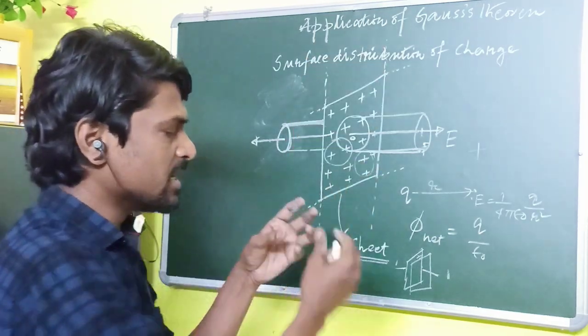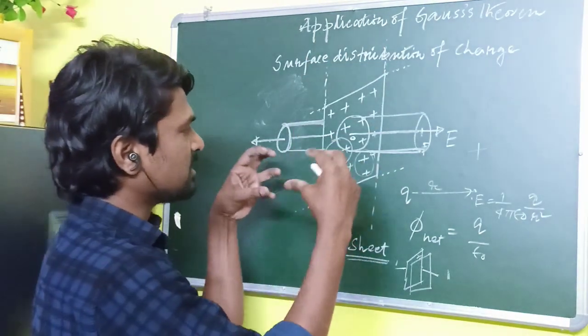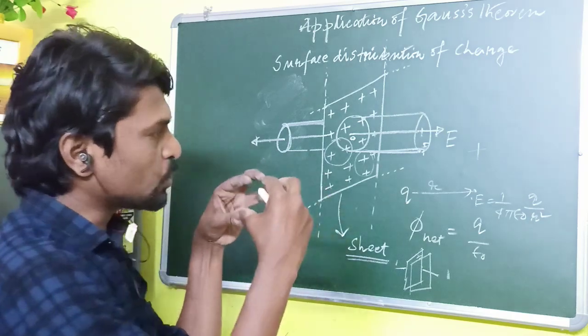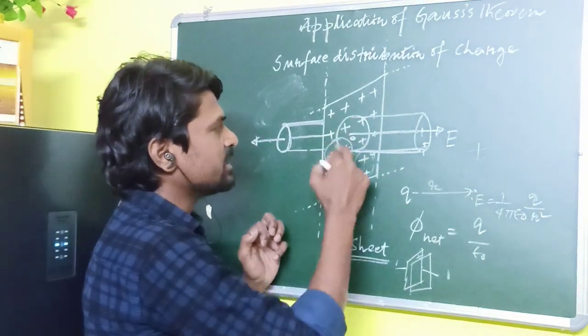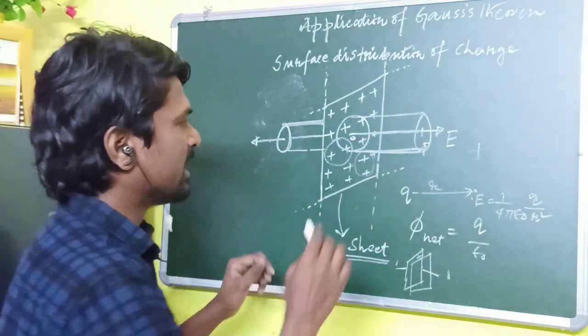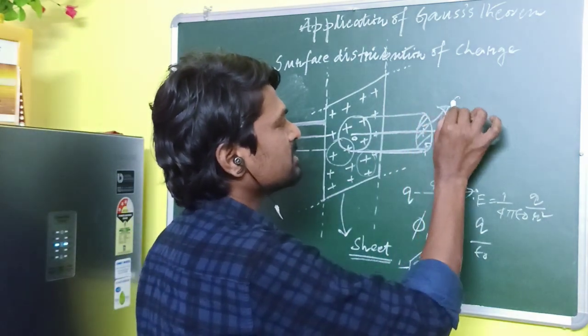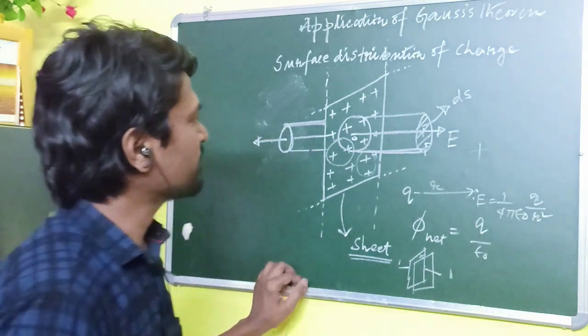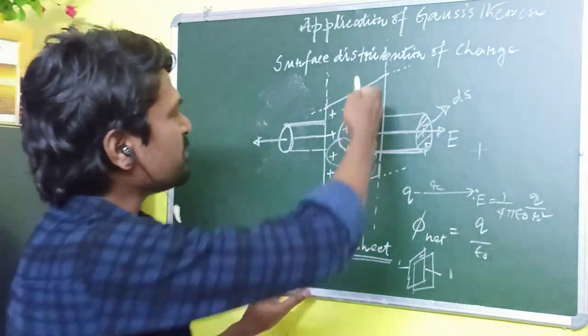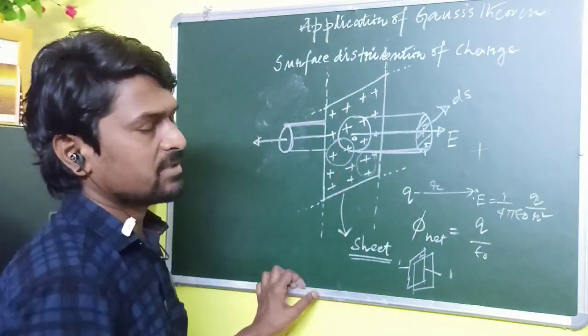This is a sheet, and you can imagine a cylindrical closed surface, and within that cylindrical surface there is a charge. If you take this particular area as, suppose, ds, this is ds, and it is infinitely extended.